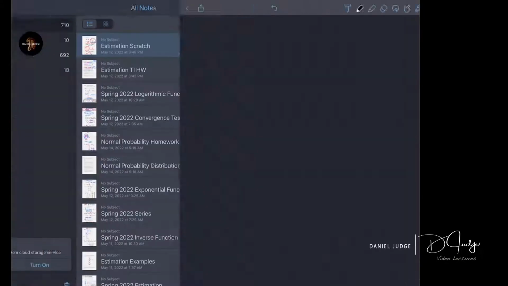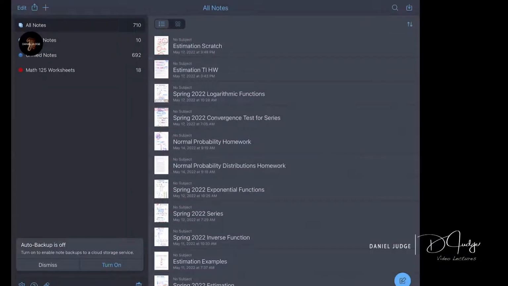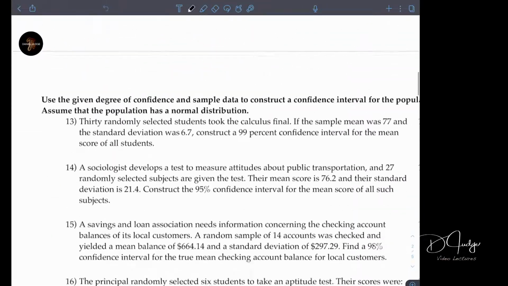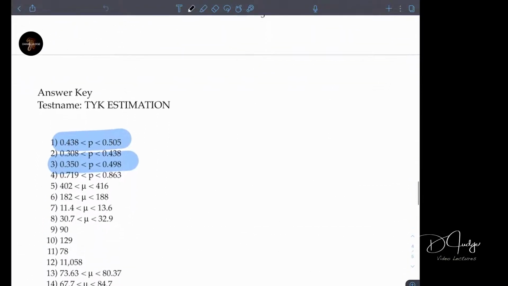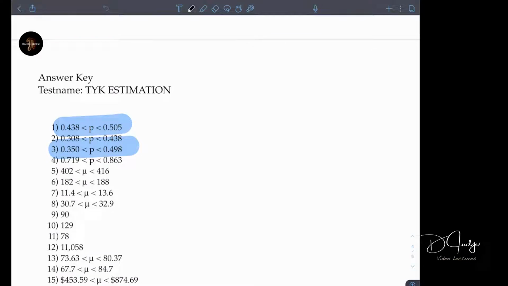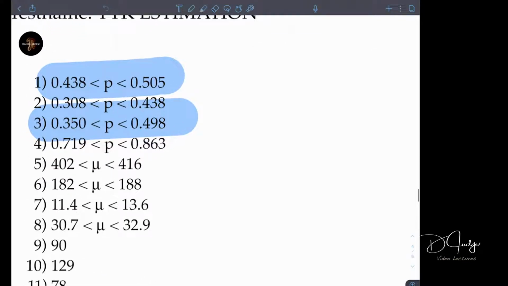And let's see if the publisher for number 5 is correct. And it looks like they went out to the whole number, 402 to 416. Yeah. And of course we didn't see that coming.